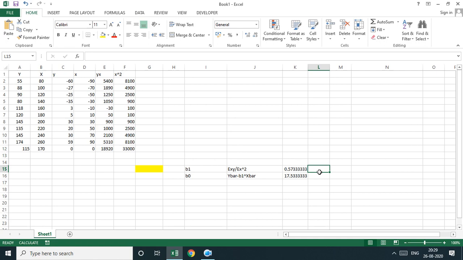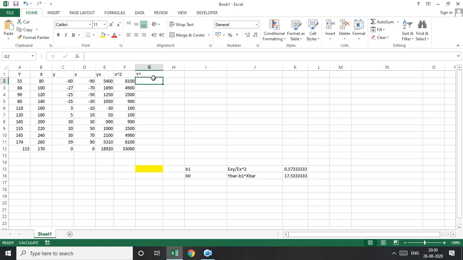Now let me calculate the y cap for all observations. What is y cap? Y cap is nothing but the estimated equation value for a particular observation.